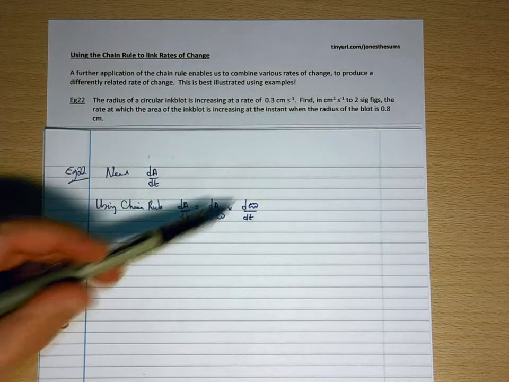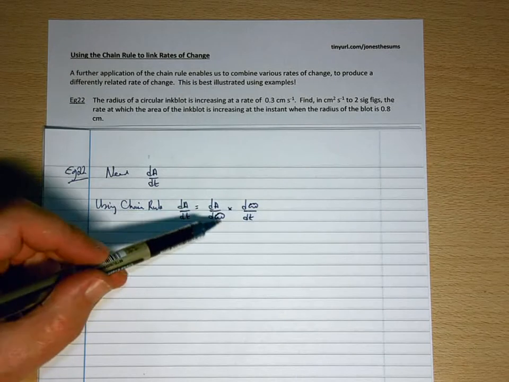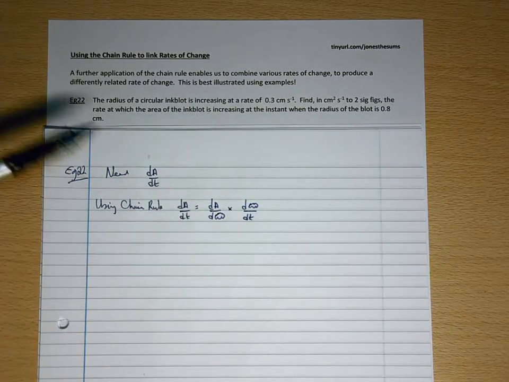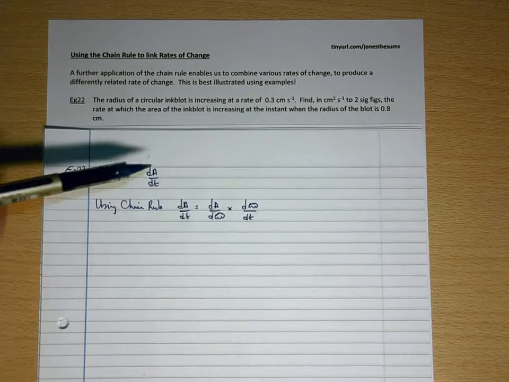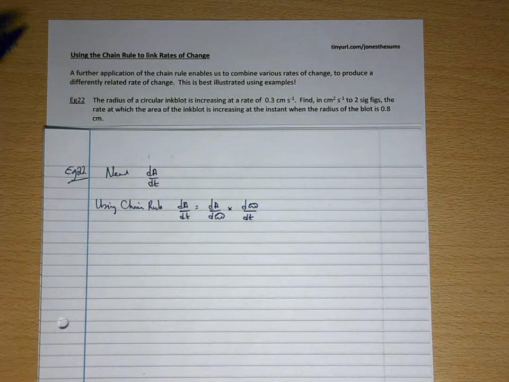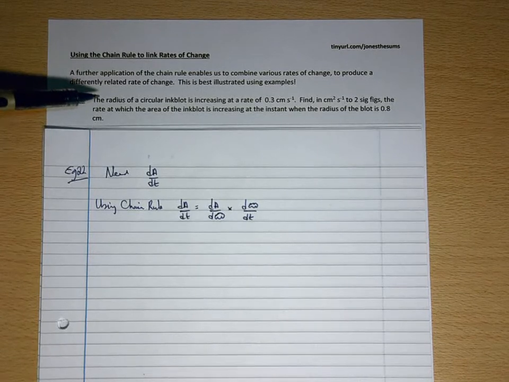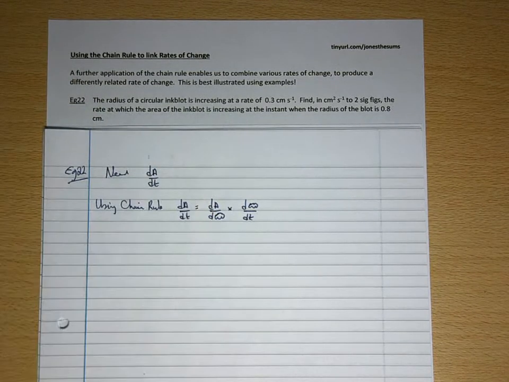As long as the variable, the d something, is the same, to all intents and purposes, they would cancel, and you'd have dA dt equals dA dt. So we've got a variable A and a variable t, and we want to introduce a third variable. So if we go back to the question and have a look at what other information we're given, a rate of change for dr dt.